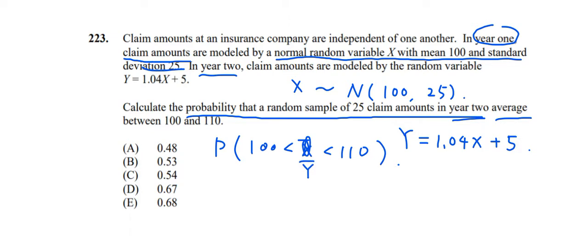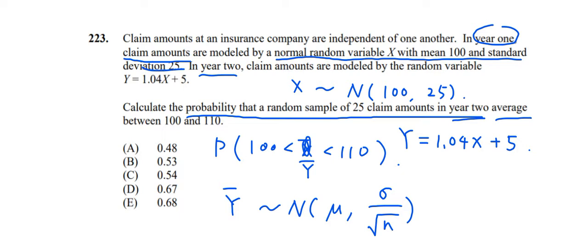So we want to find the y bar between this range. We have this y bar following this normal distribution, mu, sigma over radical a. This mu is y's mu.